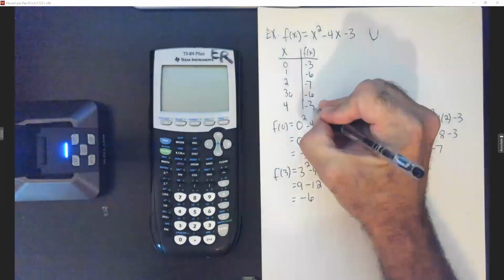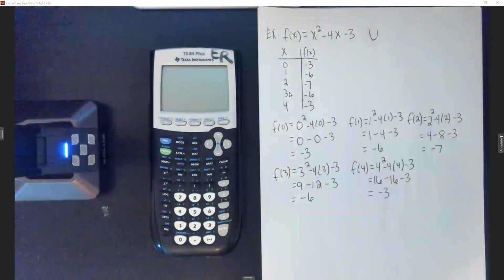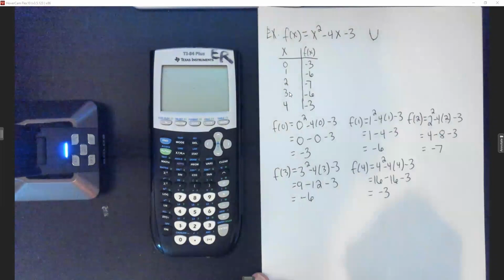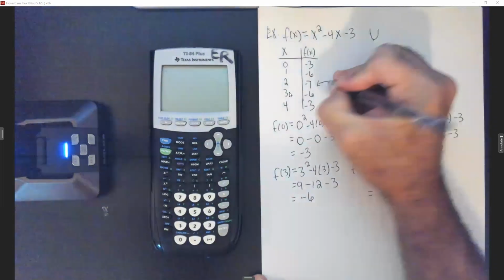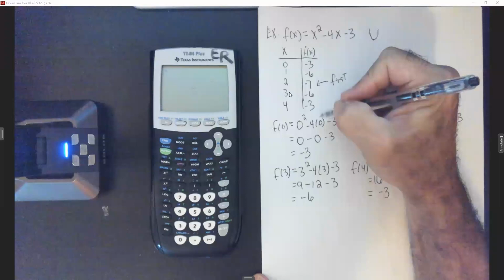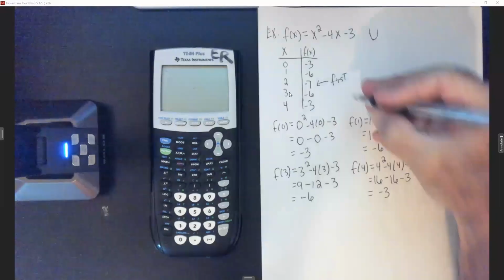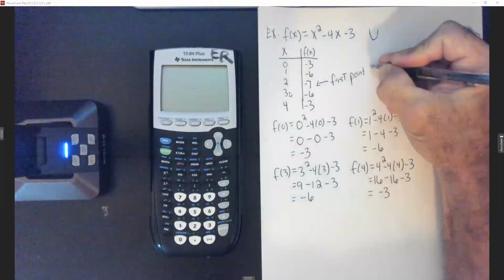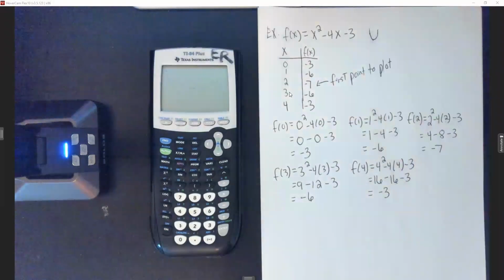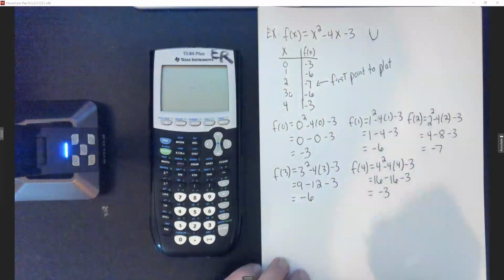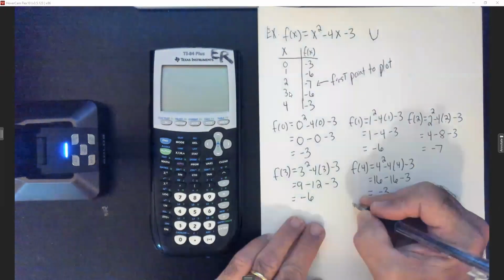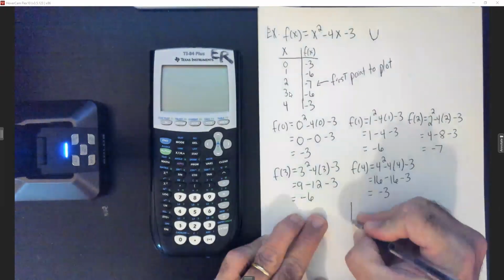Okay, so on this one, if I was plotting it, I would plot the middle point first, and then one on each side. So let me do that by hand real quick, or attempt to.